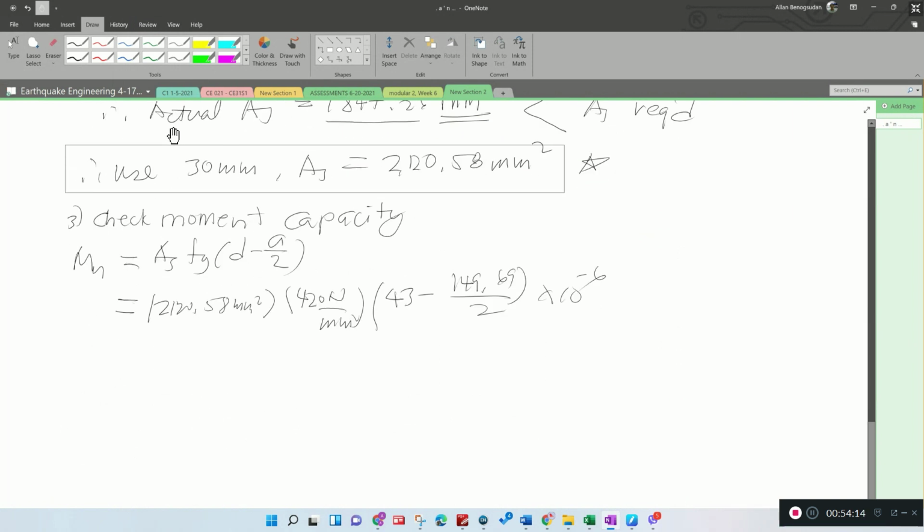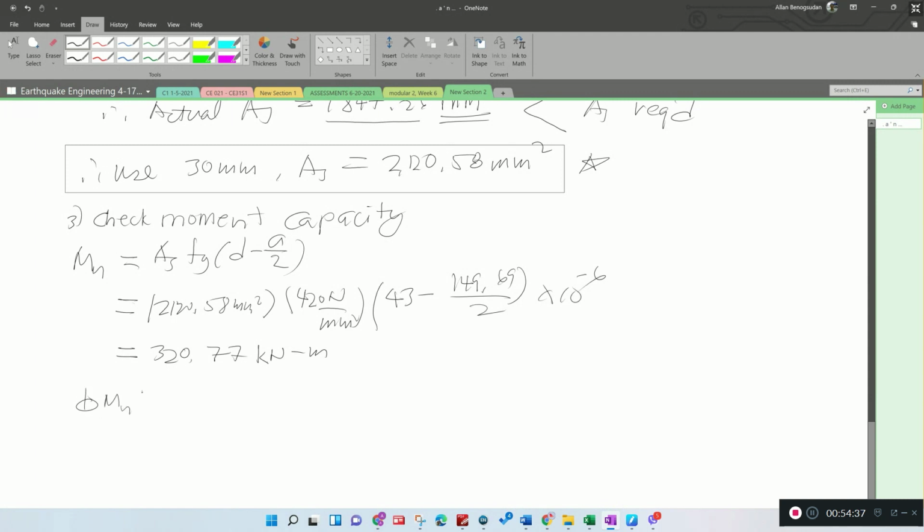So what is our Mn? Our Mn now is equal to 320.77 kilonewton meter. So phi Mn, this is our design moment where you have to include the reduction factor.